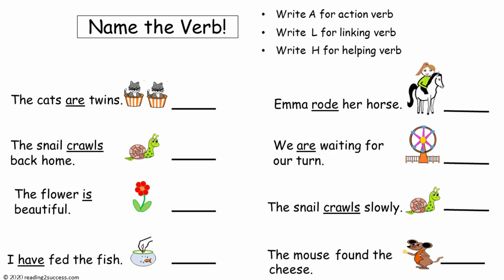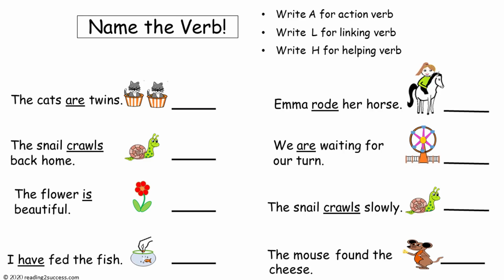Now we have come to our last activity, name the verb. It is a guided activity because kids may need support, and that is fine if you help them. They need to look at each sentence and find the verb that is underlined. Then they need to decide whether it is an action verb, a linking verb, or a helping verb.